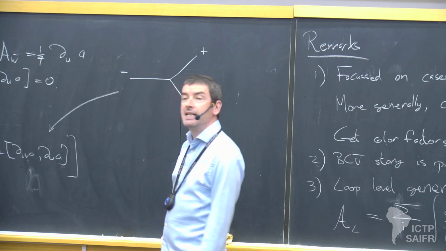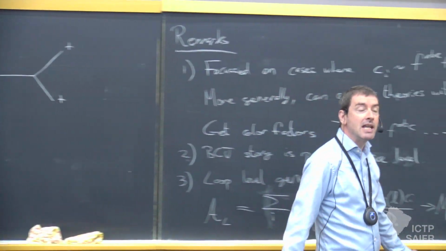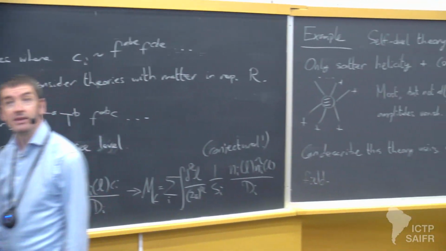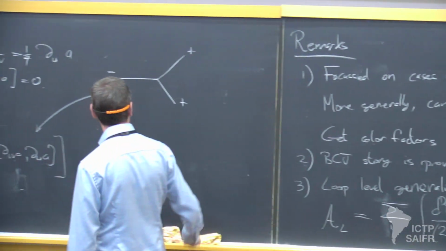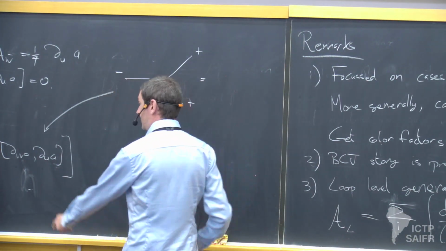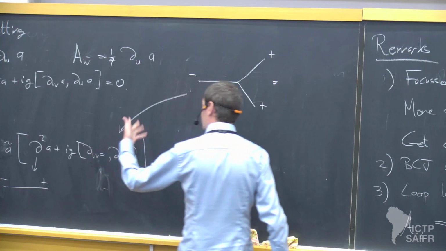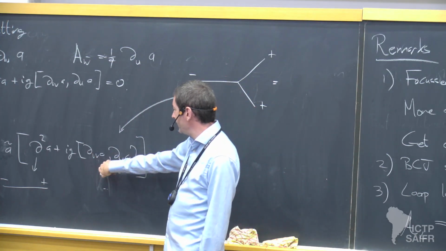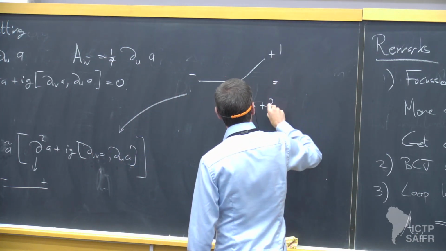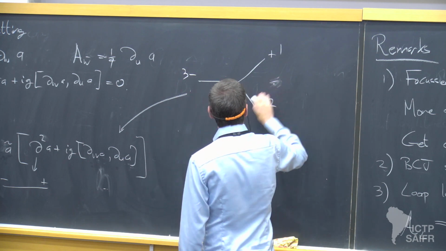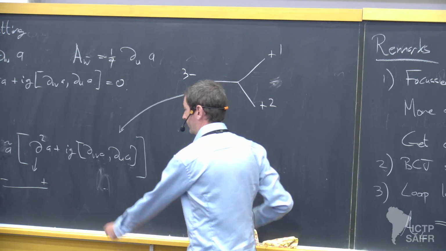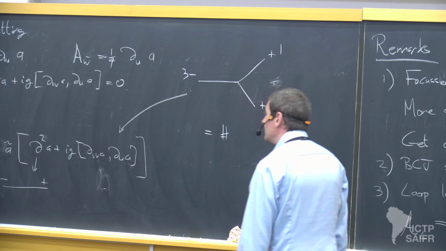And, well, yeah, this maybe is an exercise that's worth doing. You can go ahead and figure out the Feynman rule for this, actually evaluate this 3-point amplitude. Well, for the Feynman rule, I've just got to differentiate the A, right? So let's say this is 1, 2, and 3. There'll be a number which is going to involve the G and some I's.